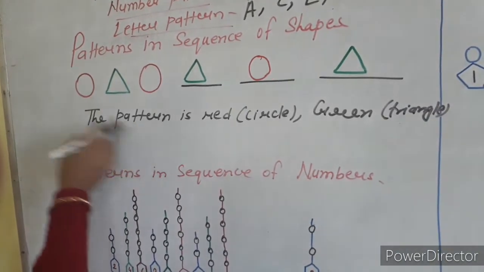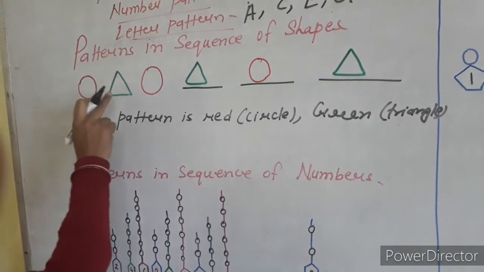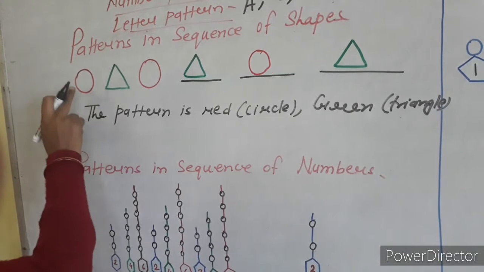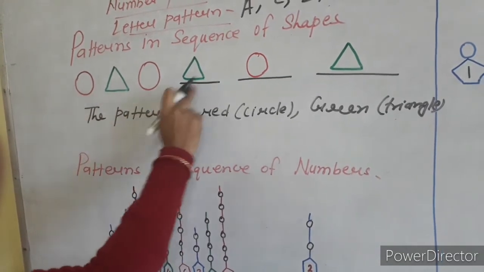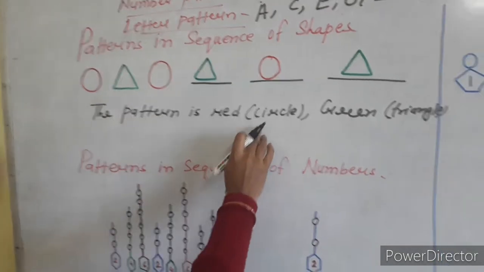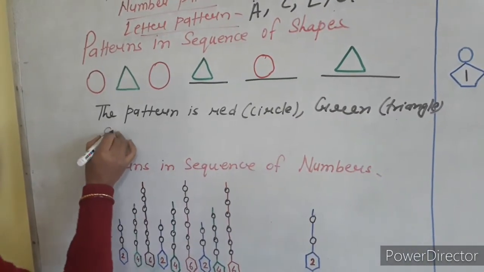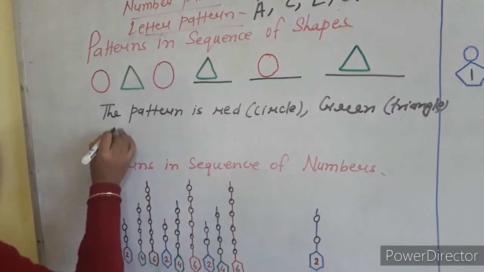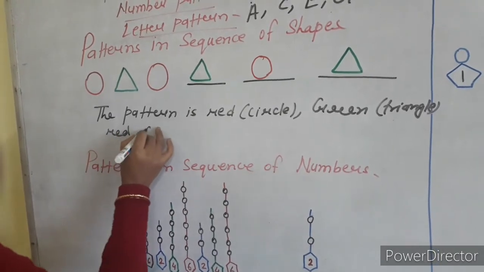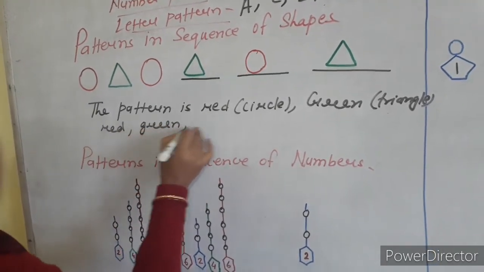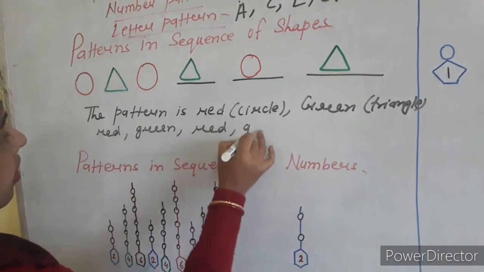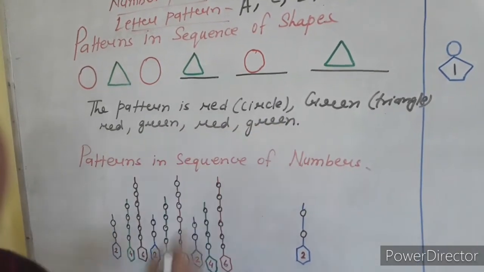You could read this as circle, triangle, circle, or you can write red, green, red, green, red, green. The pattern is red, that is circle, then green, triangle. After that again red, green, red, green. This is the pattern.